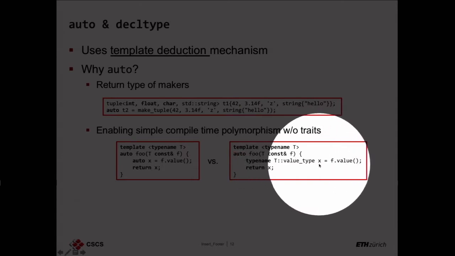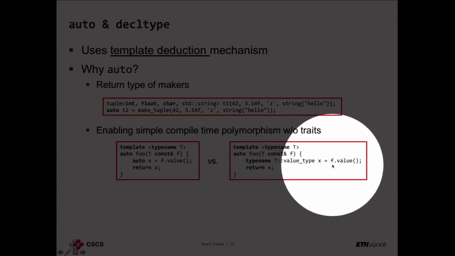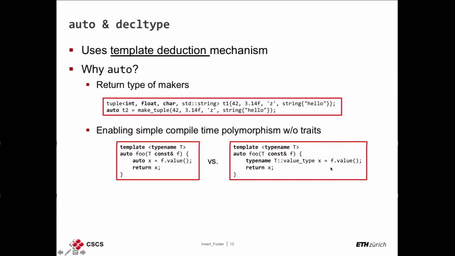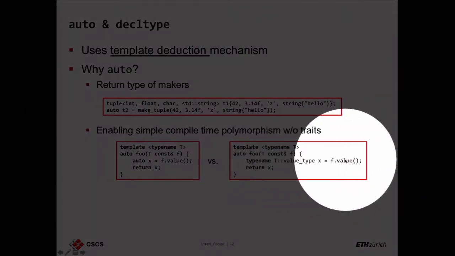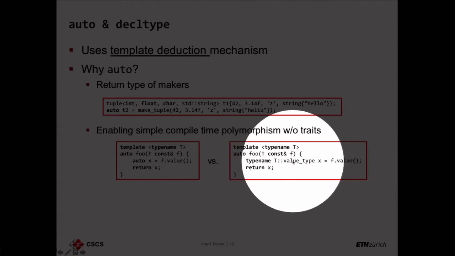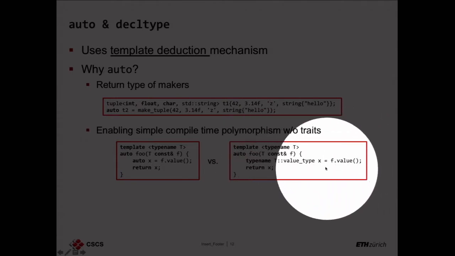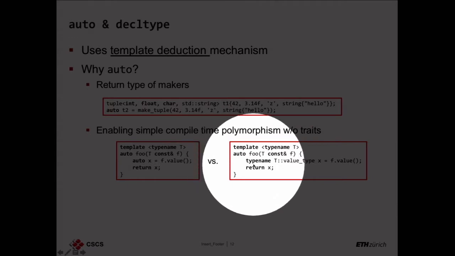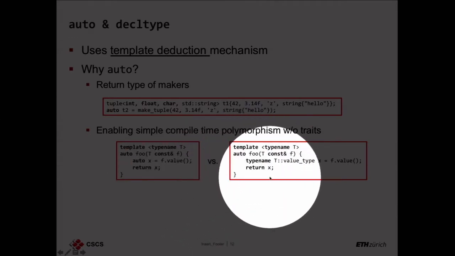It was impossible for you to deduce the type of this thing without using some super weird esoteric stuff. For instance, sometimes the compilers allow you to do that in the past. But you have the type T::value_type to export this value type and then assign it and then return the value.